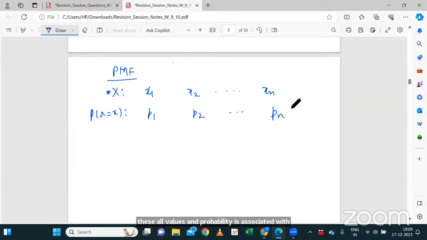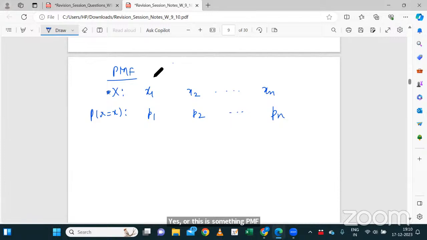What does the PMF provide? It provides information about my random variable: what kind of distribution it is, what possible values x takes, and the probability associated with each. Yes or no? This is what the PMF provides us.